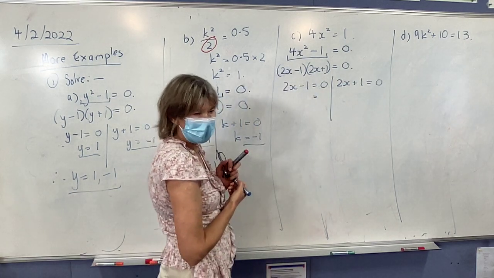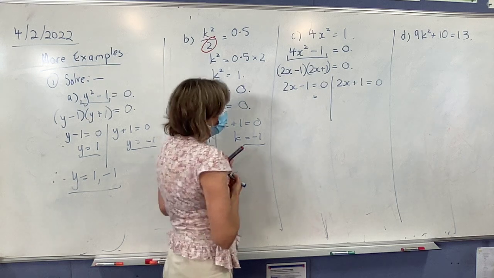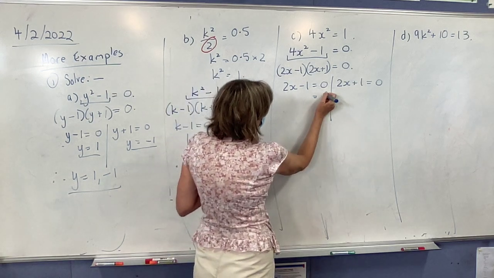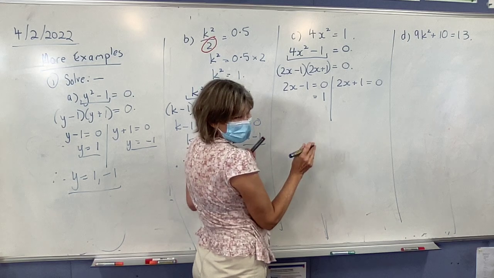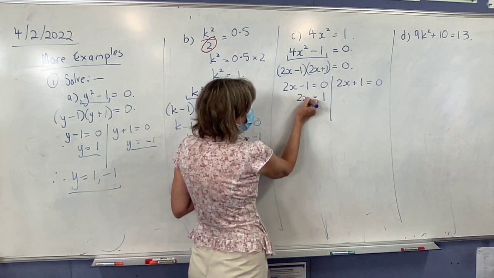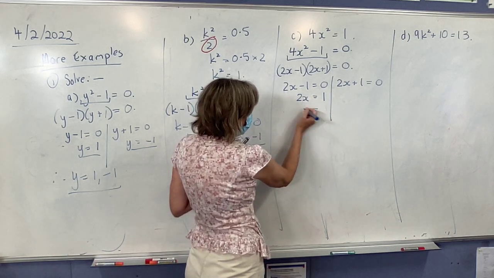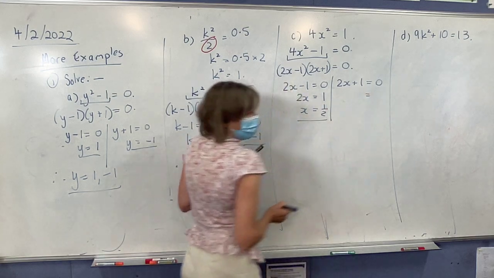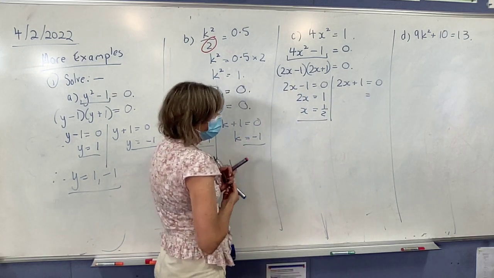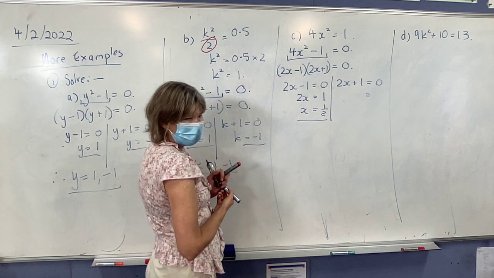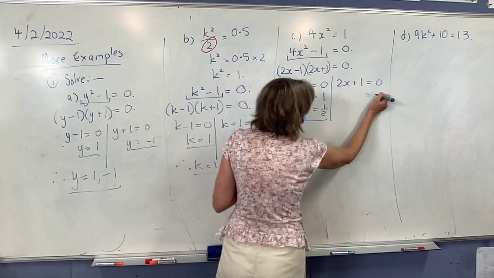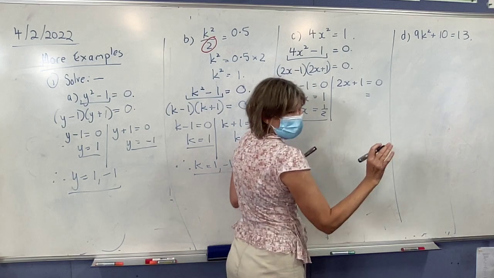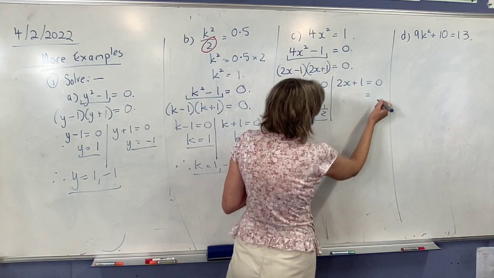We're just solving the equation bit by bit. 0 plus 1 we know is just 1, so we'll just write it as a 1. We've still got 2x here. Keep going. And then x equals 1 over 2. Good. Do the other one for me. 2x equals minus 1, so x equals minus 1 over 2.